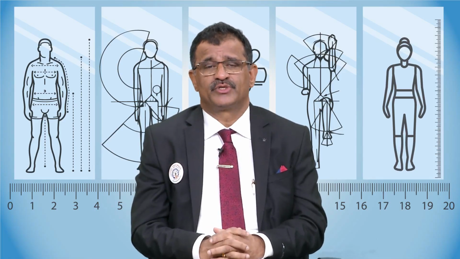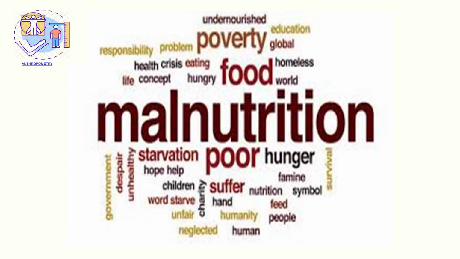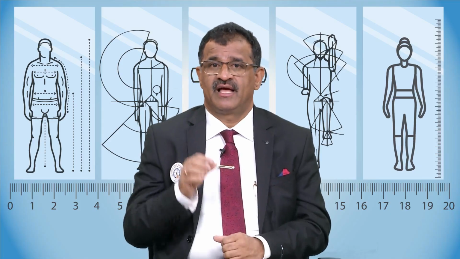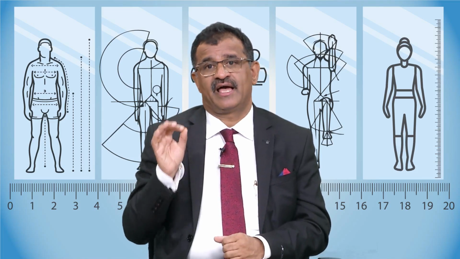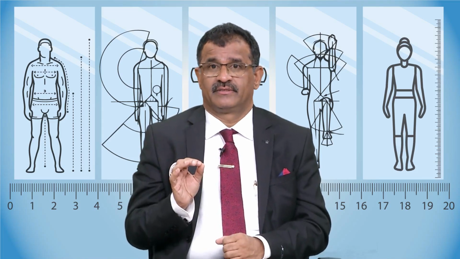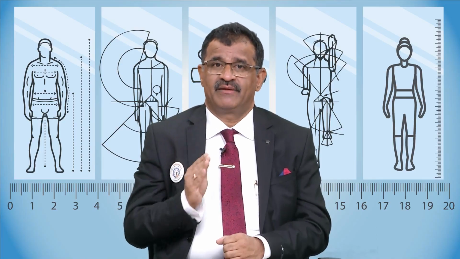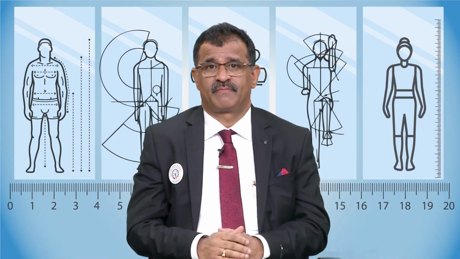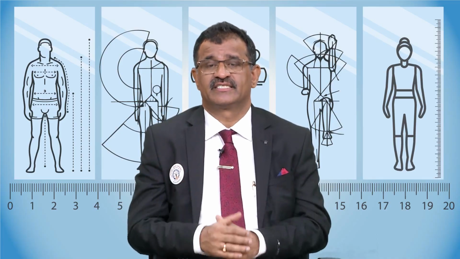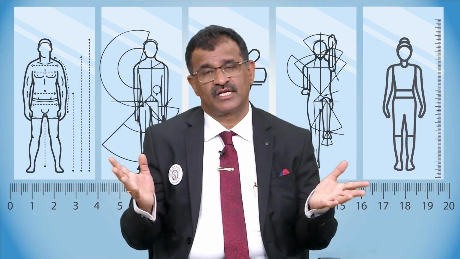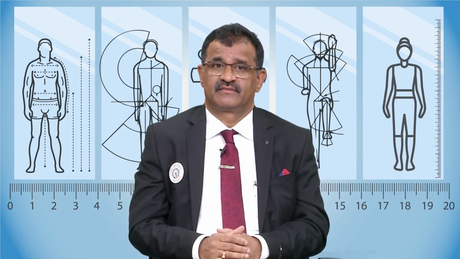Now, what is malnutrition? Basically, malnutrition is a serious public health issue. It contributes to high rates of maternal and child illness and mortality. Child mortality and maternal mortality from different illnesses are caused by malnutrition rather than other causes of such illnesses.